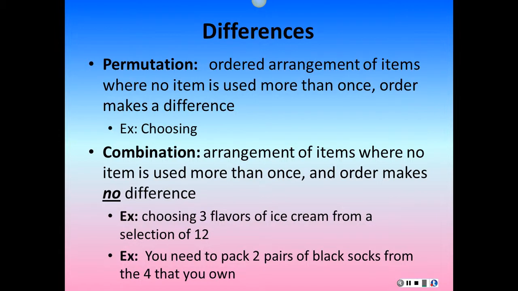For example, a permutation is choosing a wedding party where, since it's family, order is significant. You most likely wouldn't put the cousin of the bride or groom closest. You put the parents closest. A combination is something as trivial as choosing flavors of ice cream, or I need 2 pairs of black socks from the 4 that I own.